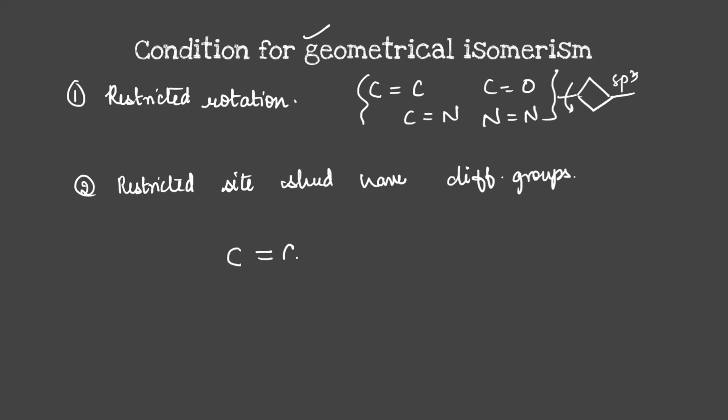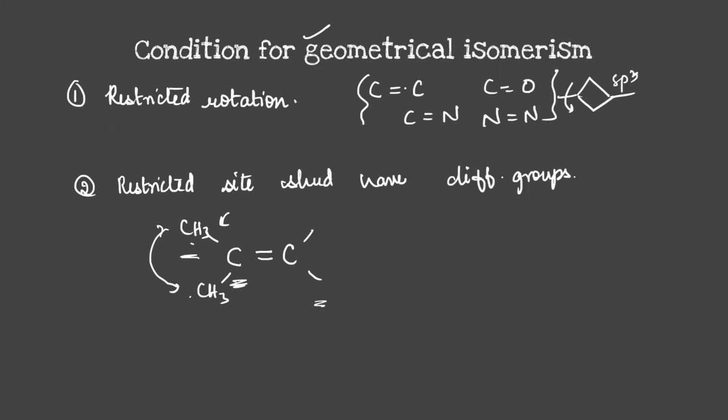Now, there is C double bond C like this. If I keep a methyl group here and a methyl group here, there is no point in discussing geometrical isomerism because I cannot interchange one atom with the other. So I have to interchange within the carbon atom. Changing the same CH3 group doesn't make sense, right?